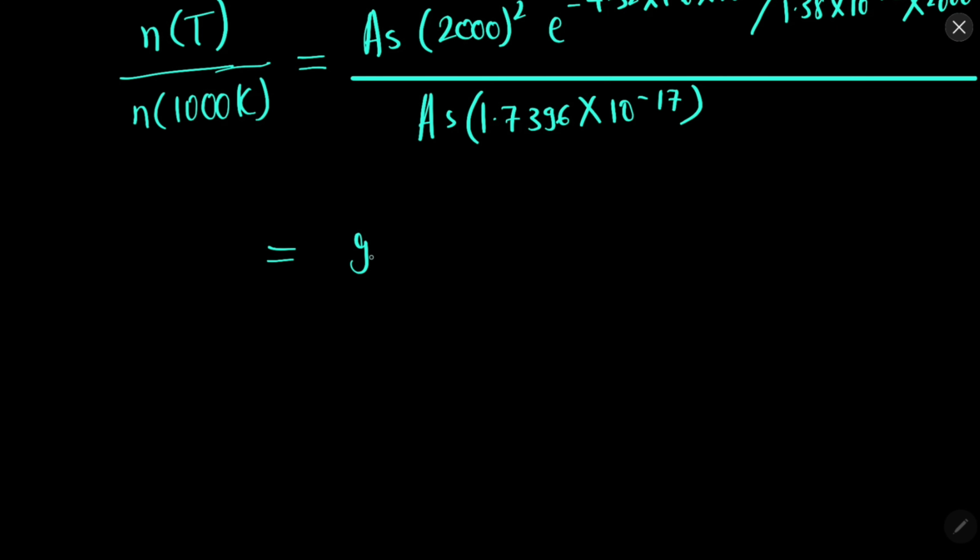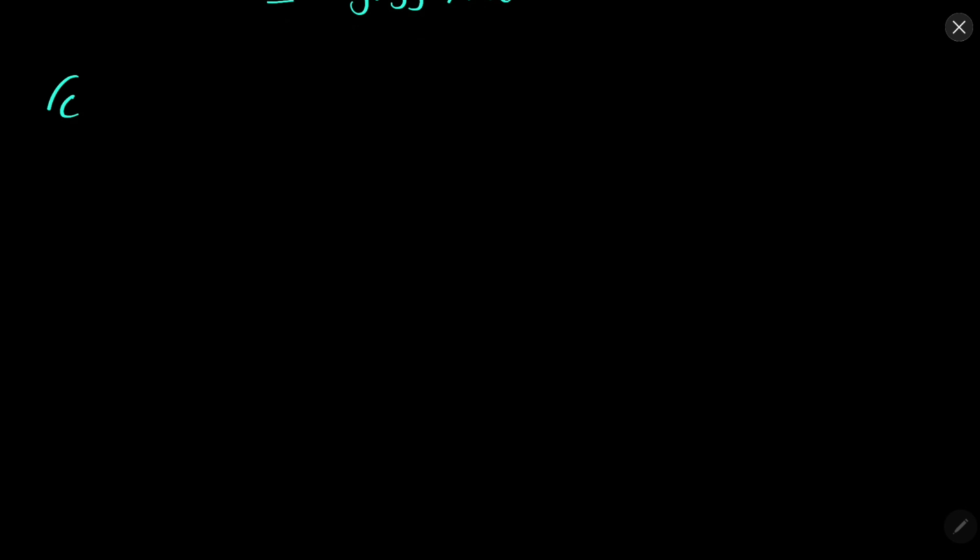Now after simplifying this, you will get 9.51 into 10 to the power 11. Now C part, temperature 3000 Kelvin, completely same process.